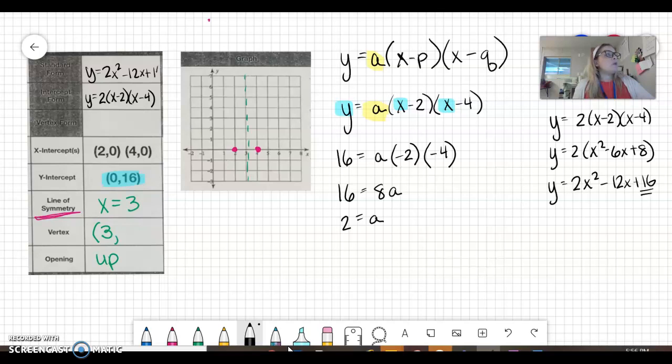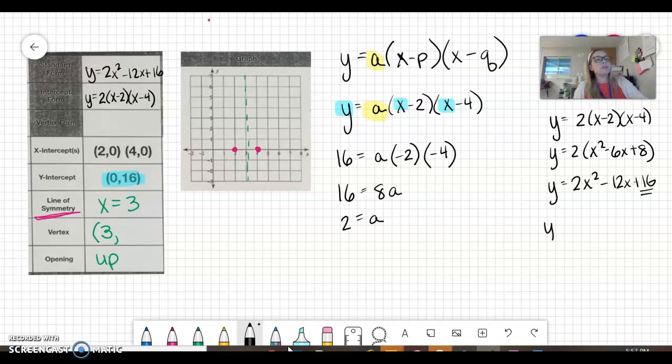From here, we could then take that standard form and change it to vertex form by using complete the square. But we can always look for some other shortcuts. I know that my vertex has x is 3 because I know my line of symmetry. So I can just find my vertex first by plugging in the 3, and then if I have my vertex, I can write it in vertex form.